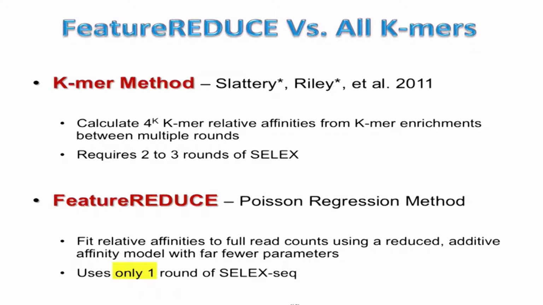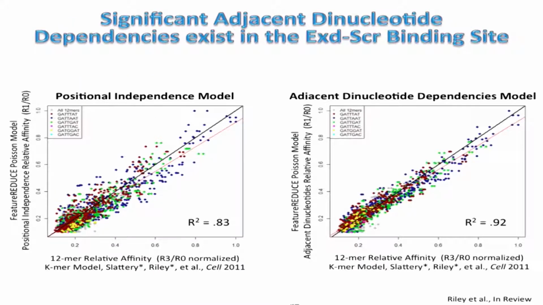And we can see for the positional independence model, we actually get a pretty good match with an R squared of 0.83. And each one of these points, just like the previous plot, corresponds to a 12-mer. However, if we throw in the adjacent dinucleotide dependencies into the model, we see a much tighter fit. Now the R squared is 0.92. So this is really great, because this is really telling us two things.